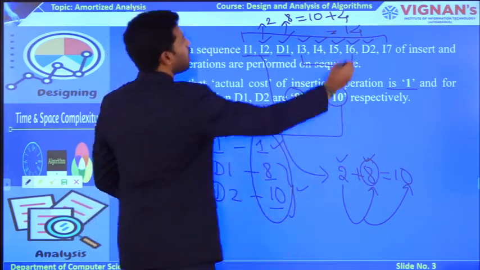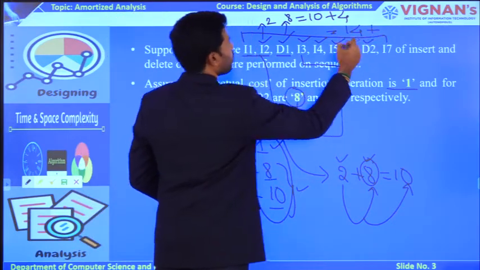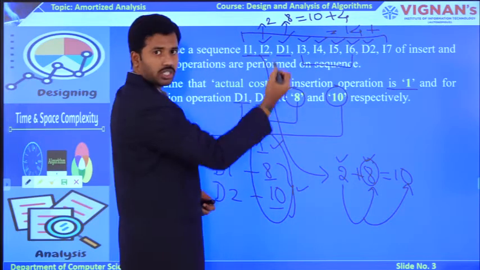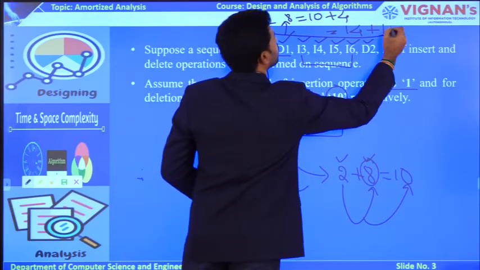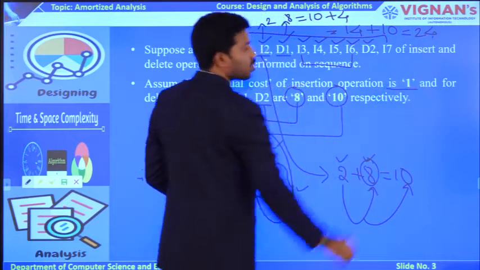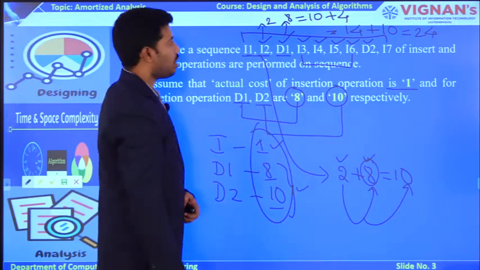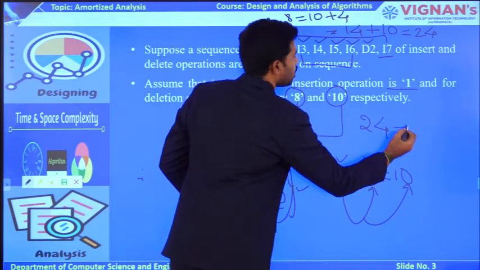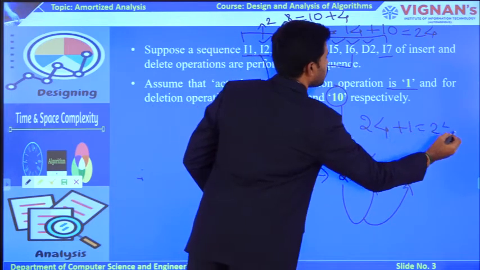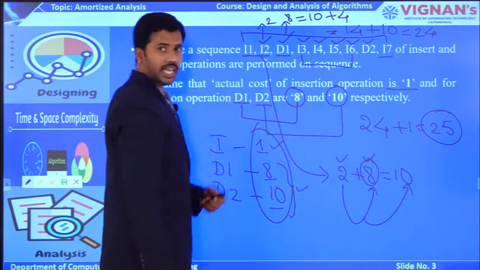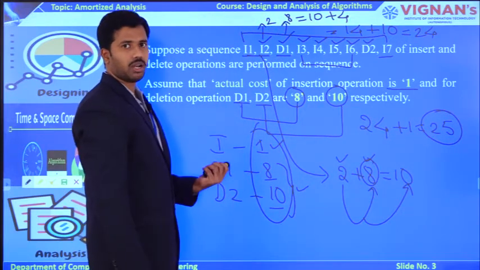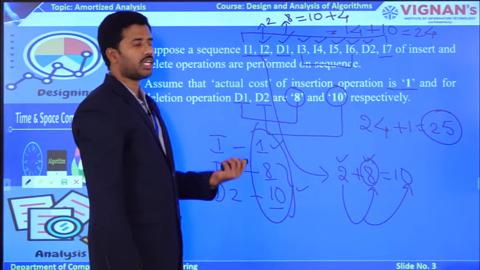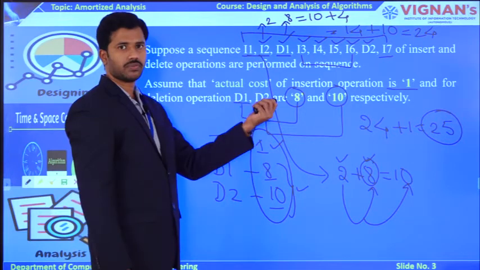So from 14, due to this D2 cost, you are moving to 24 as the total time complexity of this algorithm. And after executing I7, the total time complexity is 24 plus 1, which is 25.